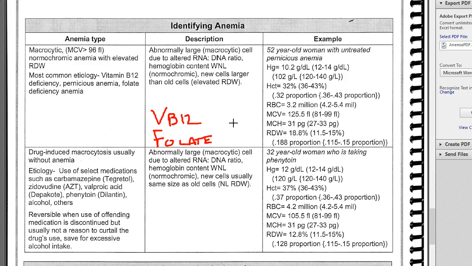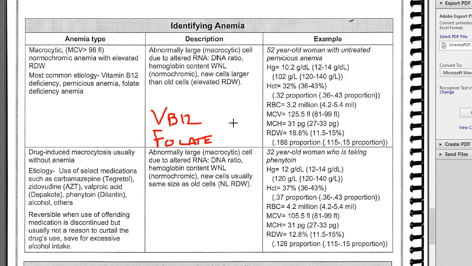There's oral and injectable forms of B12. A lot of the stuff's over the counter, sublingual drops, so on and so forth. The parenteral form is preferred due to the fact that it's better absorbed and tends to have better adherence.